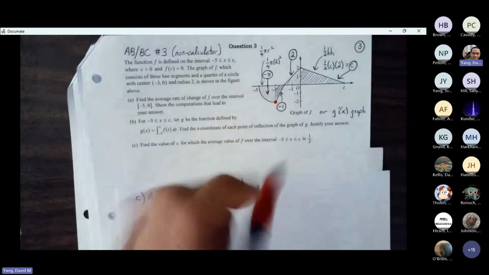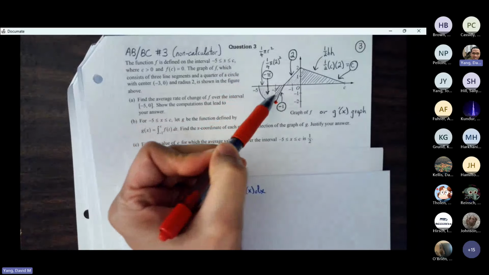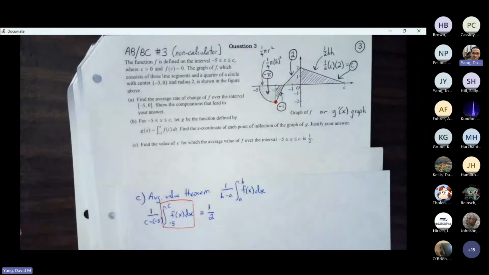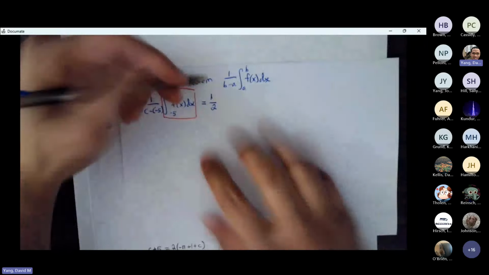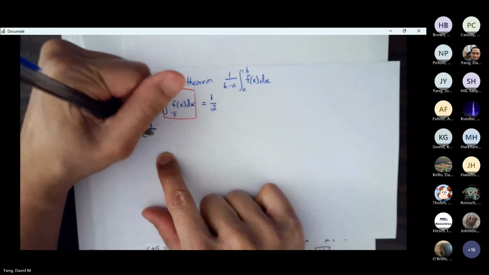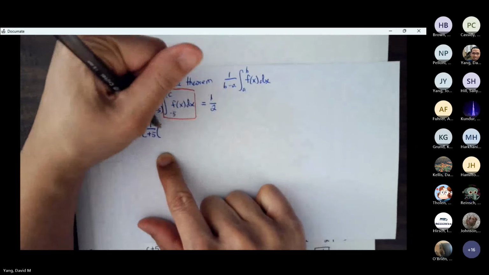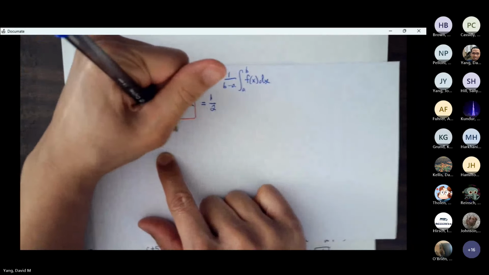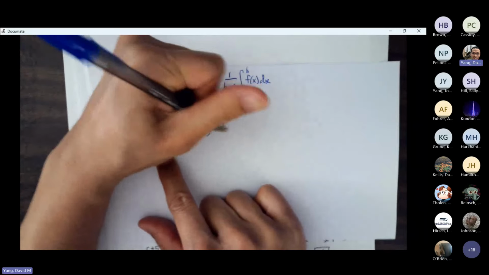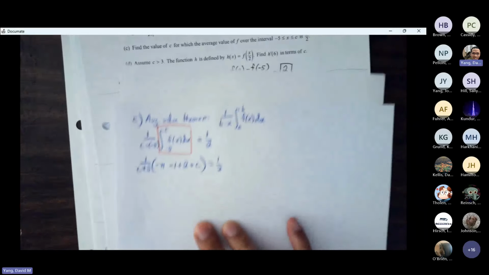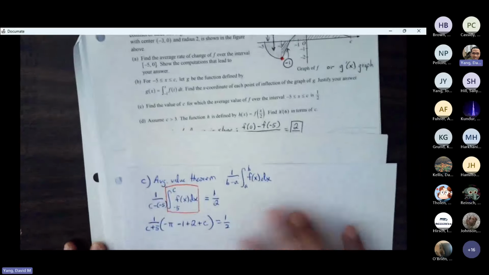So we have displacement here, negative pi minus 1 plus 2 plus C. So that can go in place of this. And now I'm just down to an equation that I can work towards solving for C, right?